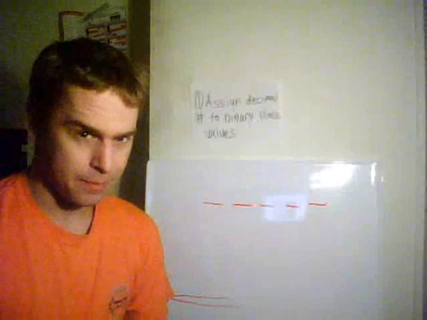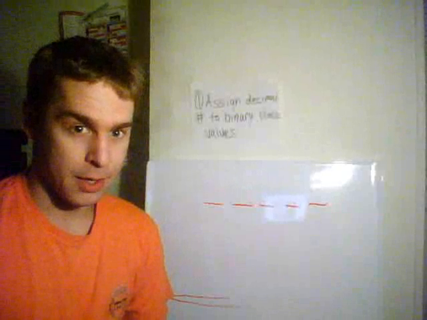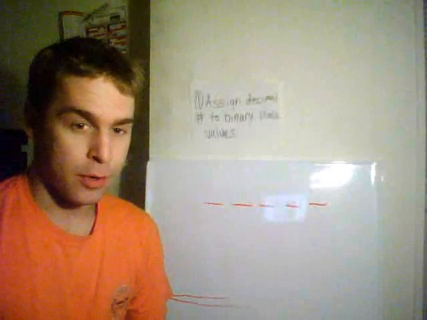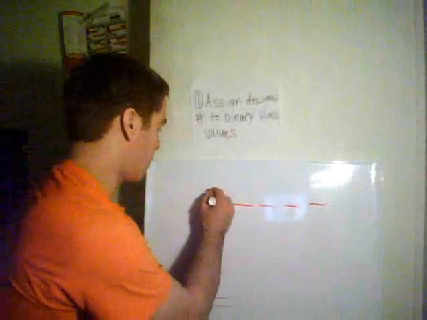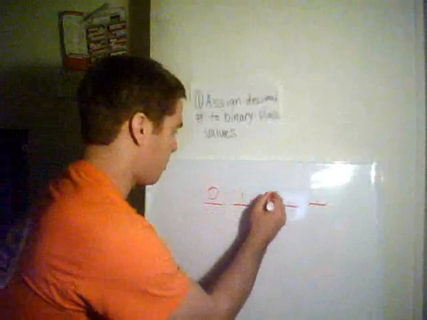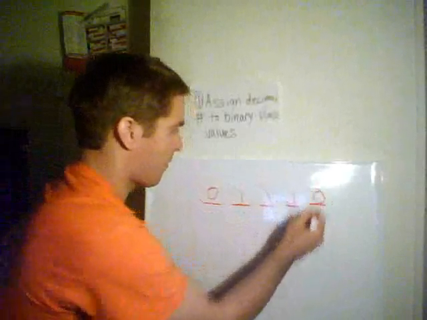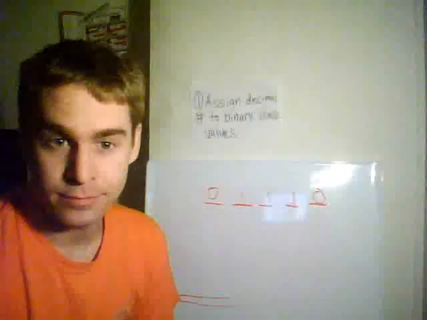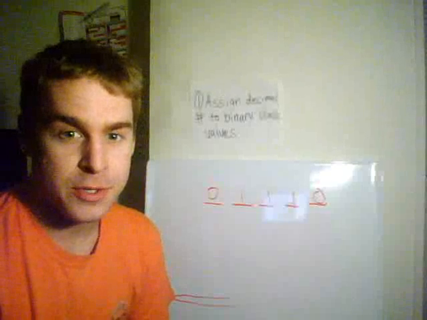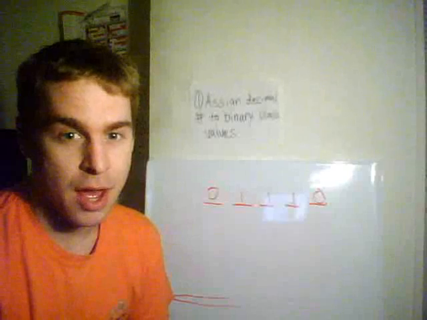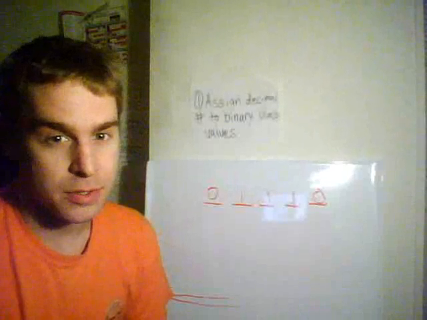So we'll pick a random order of 0s and 1s for a random number. We'll see how it comes out. That look good? Okay, so we're supposed to assign a decimal number to every one of these binary place values.